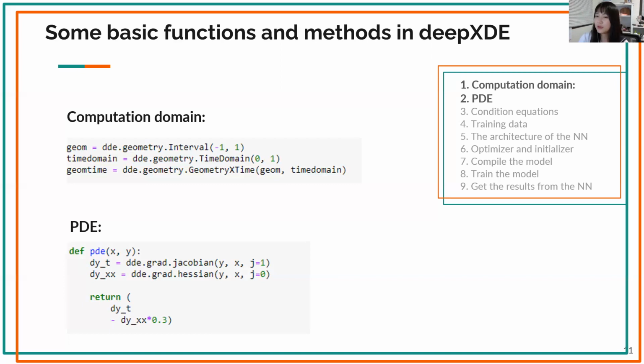In the network, it will be represented as a tensor, but we can simply understand it as a two-dimensional tensor. The first is my geometry, and the second is my time. So x actually contains these two. The y is my output, which is the temperature of my heat equation.